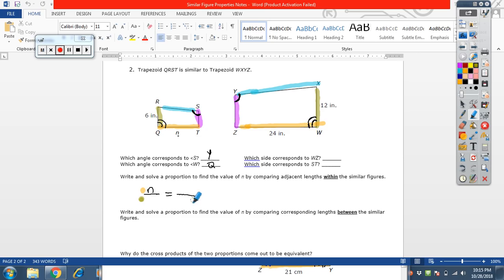That means on this side, I need orange and green. So n and 6. This is the small one right here. The large one, I have orange, 24 on top, and 12 on bottom. So you are going to solve this proportion.